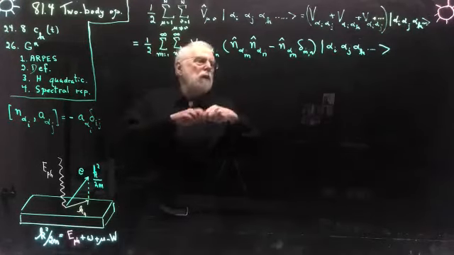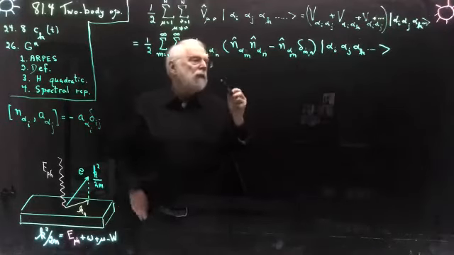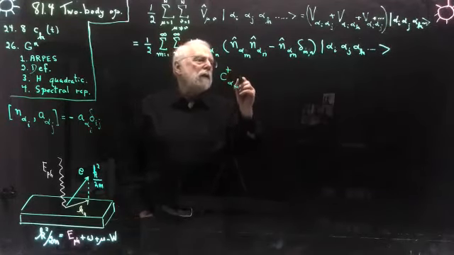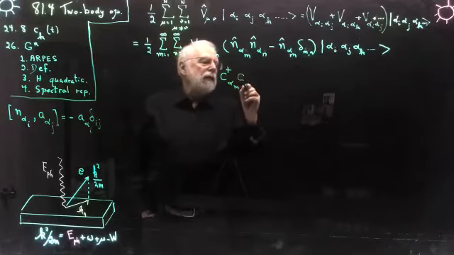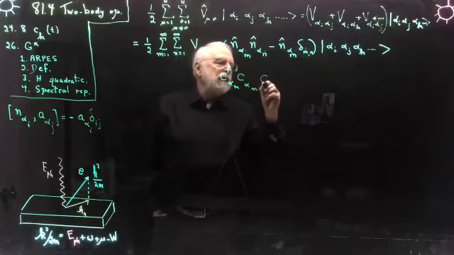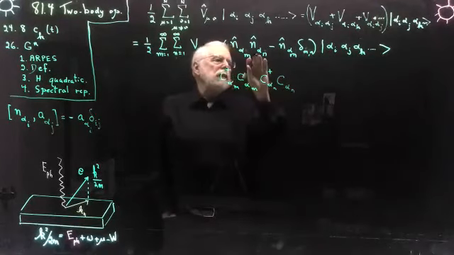Okay, so now the way this is usually rewritten is different. Let's write c dagger alpha m c alpha m. So that's this operator. Then I have c dagger alpha n c alpha n. That's this operator.